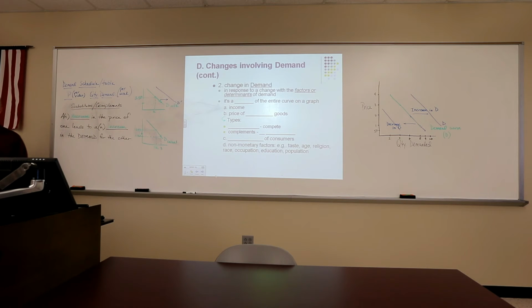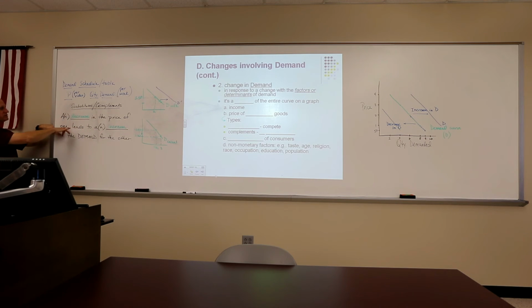So anytime you have related goods, whether it's a substitute or a complement, you have one of the items moving along the curve because of the price, and then you have the other item shifting left or right depending on whether the price went up or down. We could go the opposite of these two, by the way.